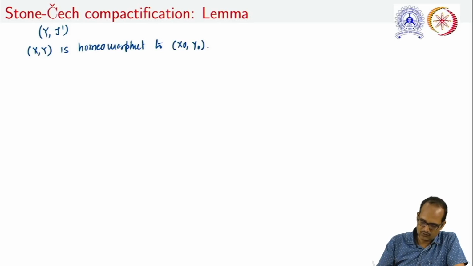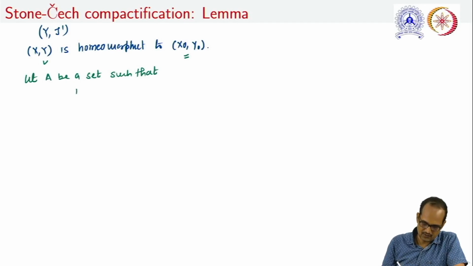In order to justify that this pair is homeomorphic to this one, let us take a non-empty set A, and we will see how this is going to help us. But what are the features of this A?